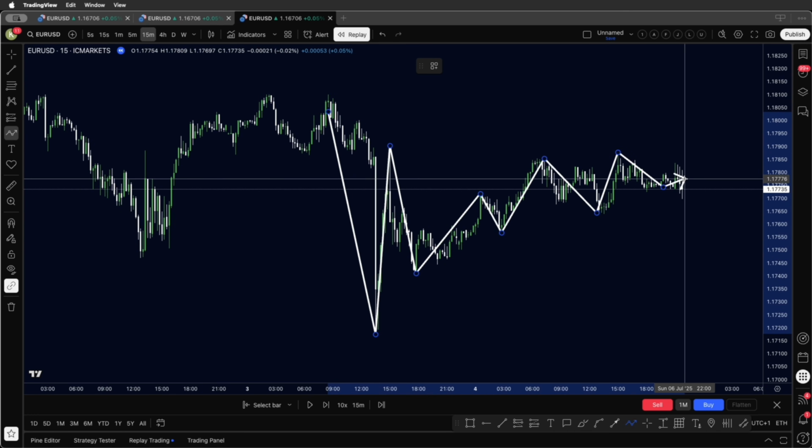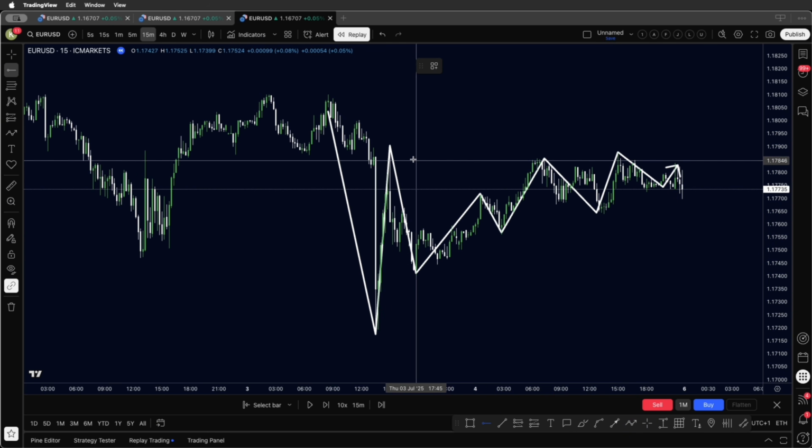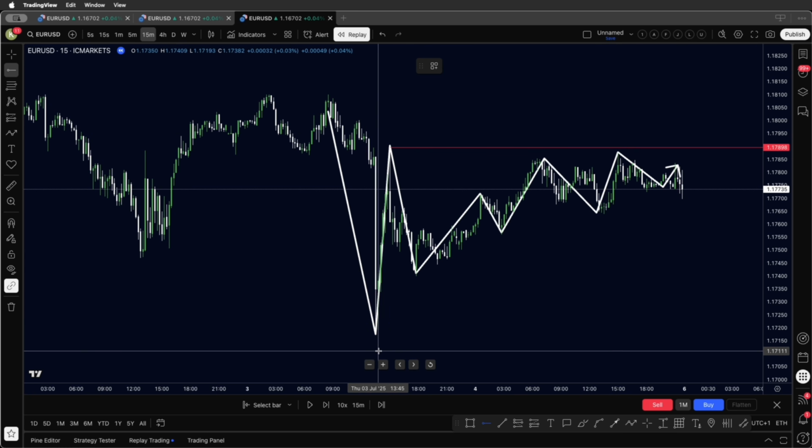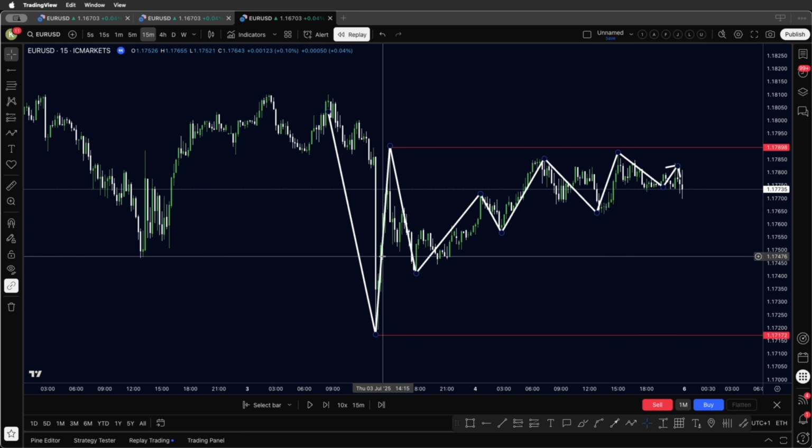But this is kind of telling me a little bit of a story where we've got all the wicks on the top. Yes, we've got wicks on the bottom, but we've got bearish movement. So the range which I see is actually the top of this candle to the bottom of that candle.